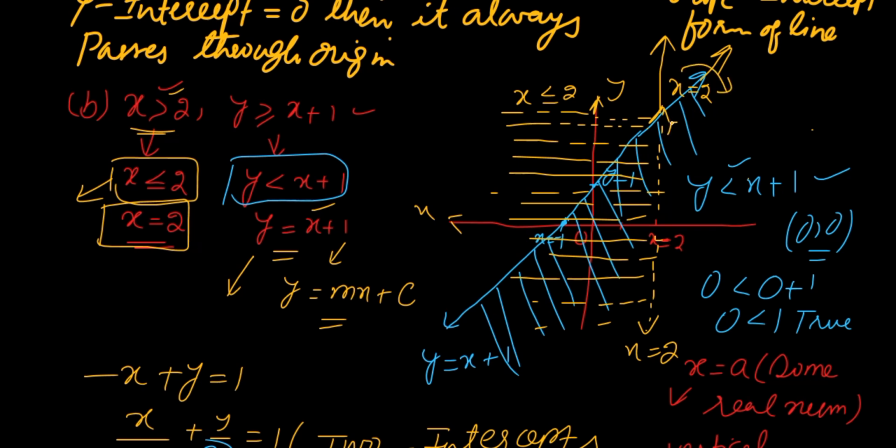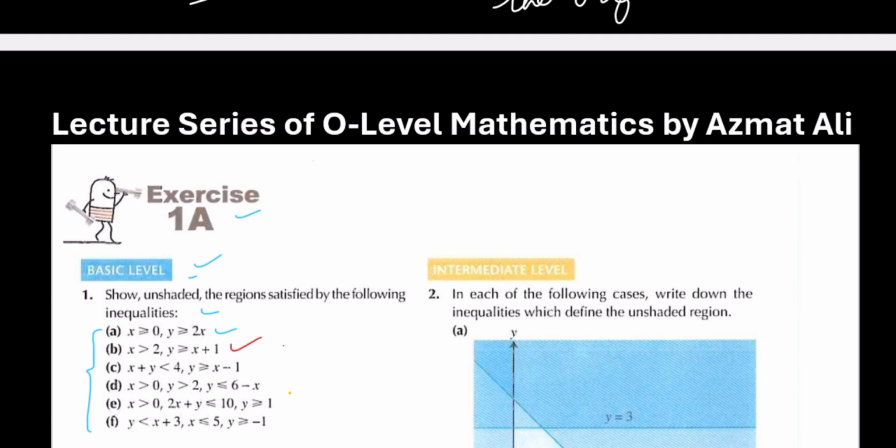Suppose this is point A, a point of intersection, and this unshaded common area between the two lines is actually the required solution region that will satisfy the given inequalities.